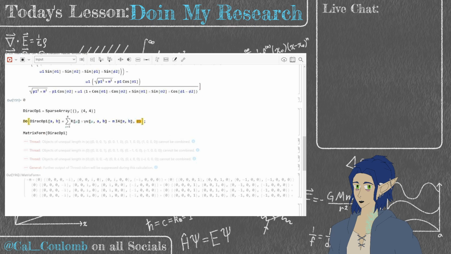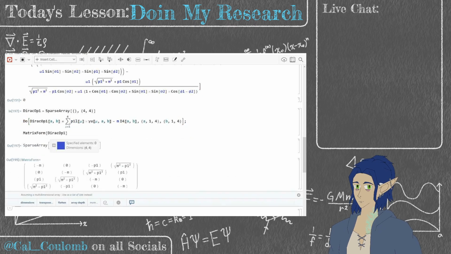And so we want to do this for every value of A and B, so that's 1 through 4. And we need to replace this back with P1L. Okay. Yep, that's what we want.